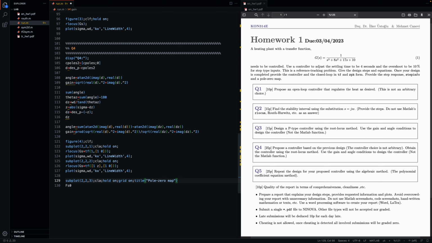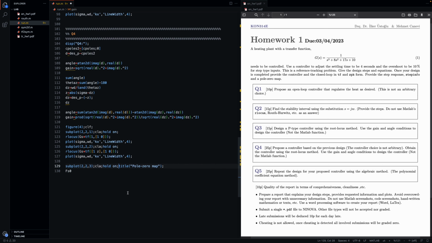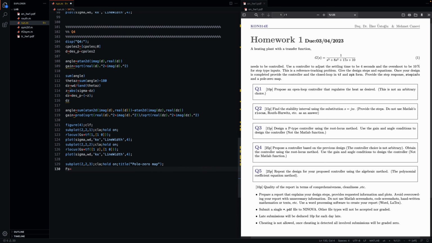Let's have pzmap. Let's not have grid on. Yeah, let's define the actual, resulting controller. It should be Kval times tf, the zero, 1, z, and then the pole, 1, 0. And then we have G(s), so let's create T(s), feedback F(s) times G(s), 1.